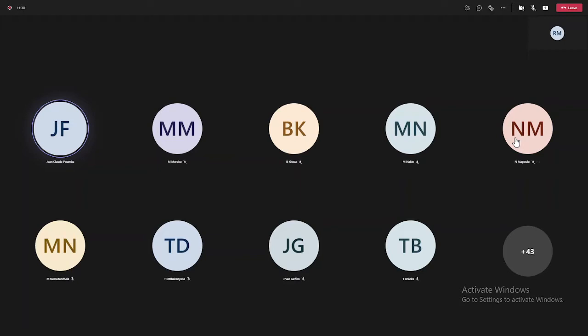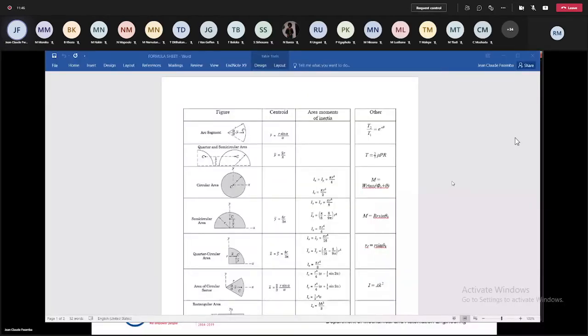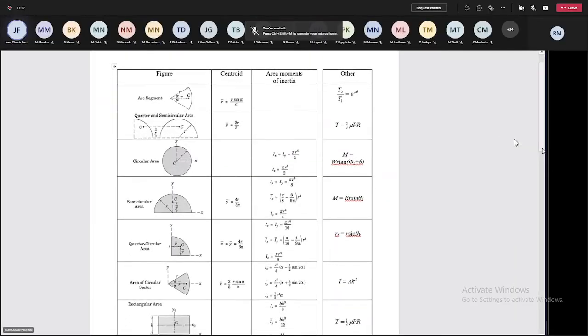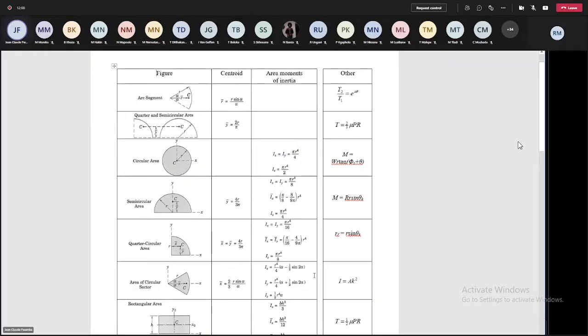While we're talking about it, let me just start here. Right. So you have this formula sheet, which I believe everyone has come across, right? Now, if you check on this formula sheet, you see the centroid column there. You've got some kind of equations. These equations have been derived from what we're doing by the differential element method, through integration.